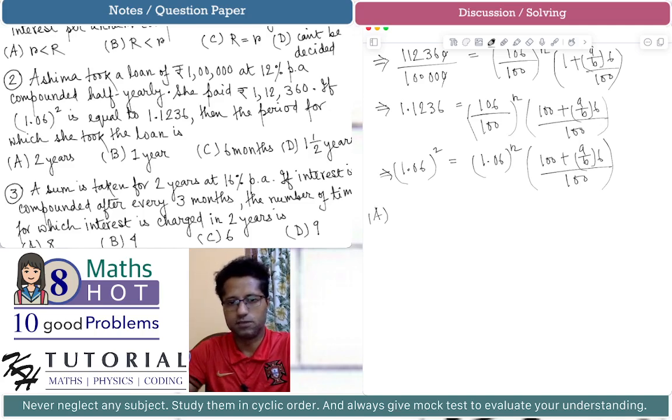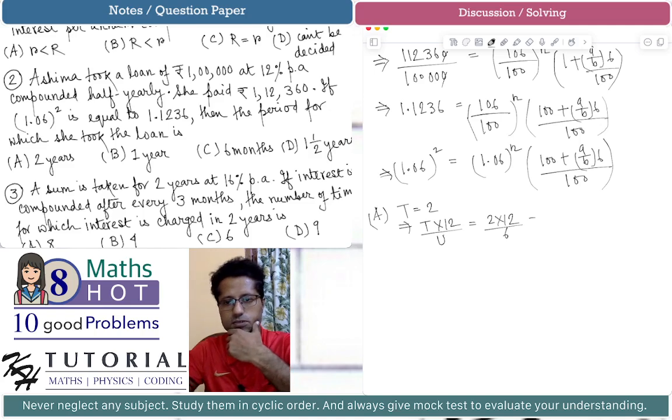So let's see what is A. A is given that t is 2. So this implies that t multiplied by 12 divided by u is equal to 2 multiplied by 12, and since it is compounding half yearly, we know that u is 6.